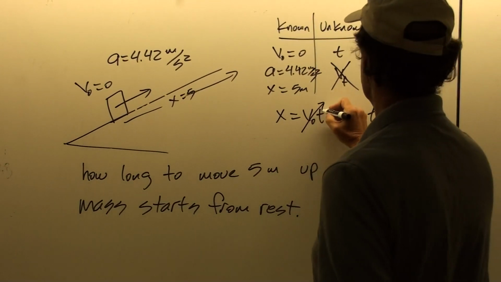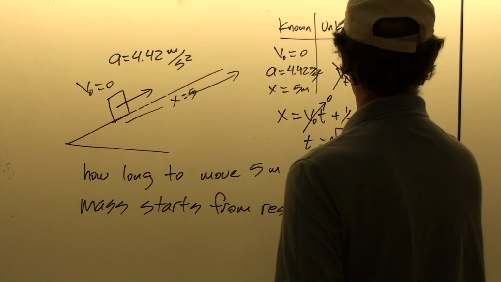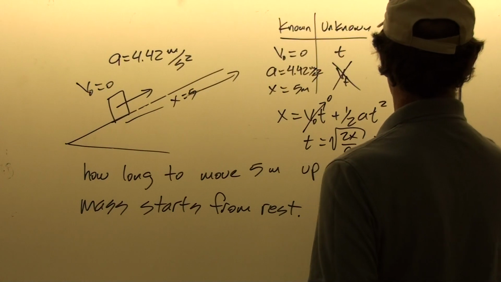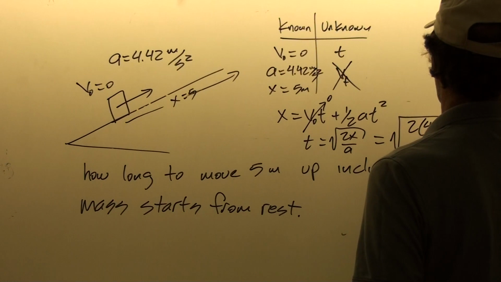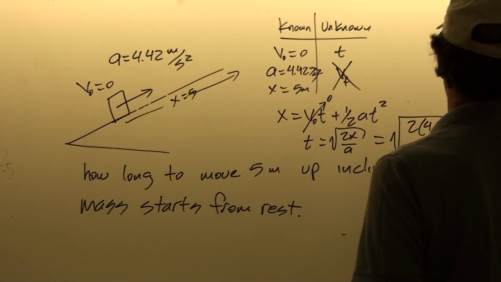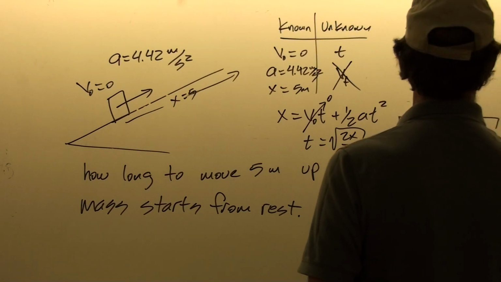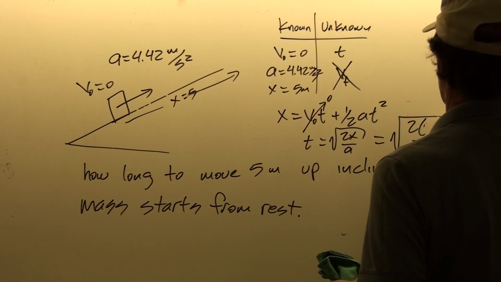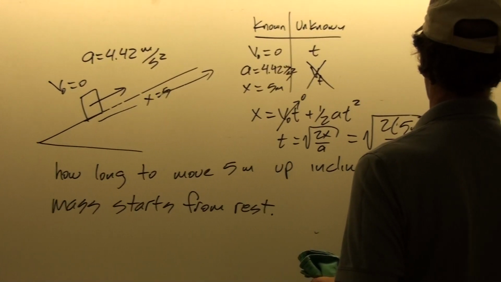Okay, and so the initial velocity is 0, and so the time then, t, is just the square root of 2x over a. And so for this problem, that would be the square root of 2 times, I'm sorry, 2 times the distance, x, so that's 5 meters, divided by the acceleration, which is 4.42 meters per second squared.